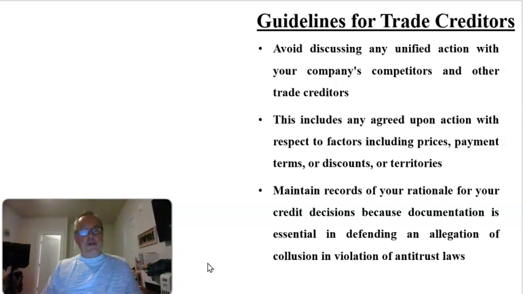This recommendation includes discussions and any agreements or agreed upon actions with respect to factors including prices, payment terms, discounts, or territories. I would add one more to that, and it is simply avoiding an agreement to either delay shipment or place customers on hold or refuse to ship to a specific customer, provided that that agreement is reached as a group, not on an individual basis.